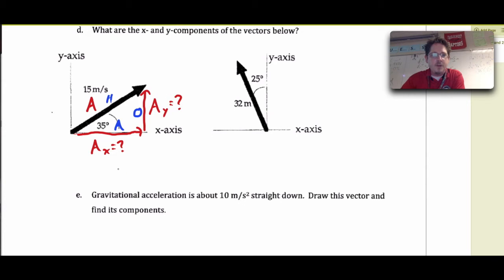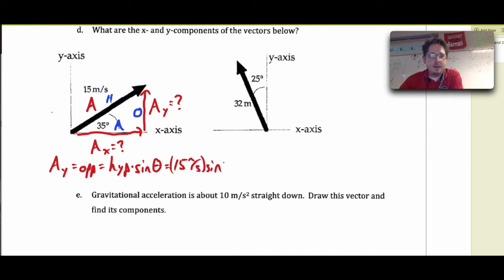So if I want to find my opposite, AY is opposite. The opposite is the hypotenuse times the sine of our angle. So 15 meters per second times the sine of 35 degrees.